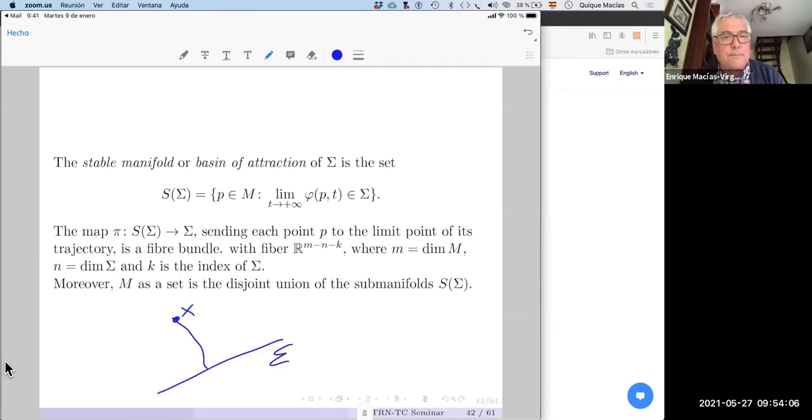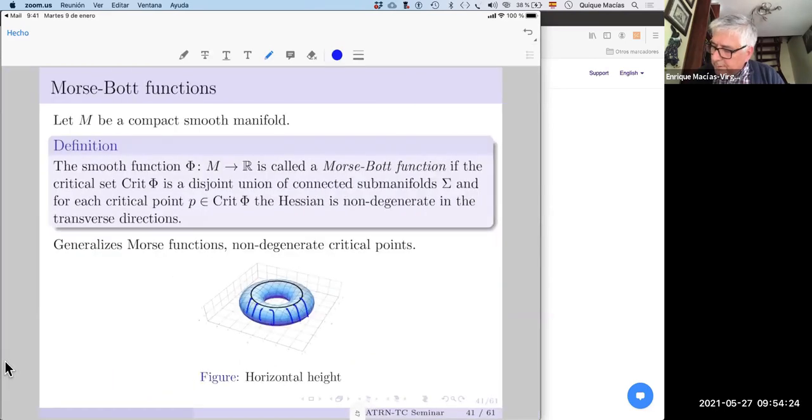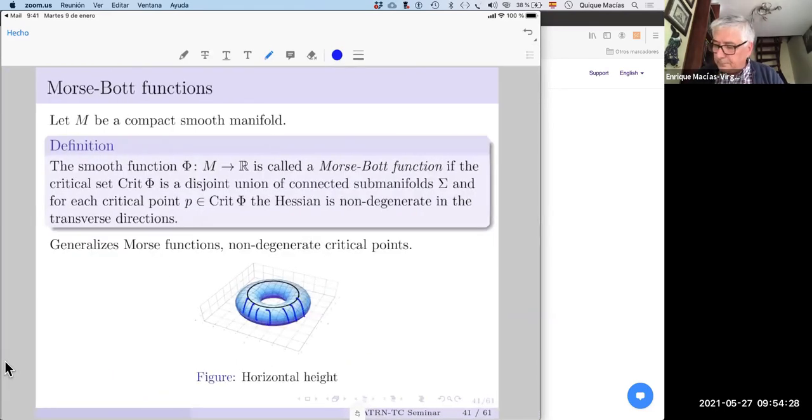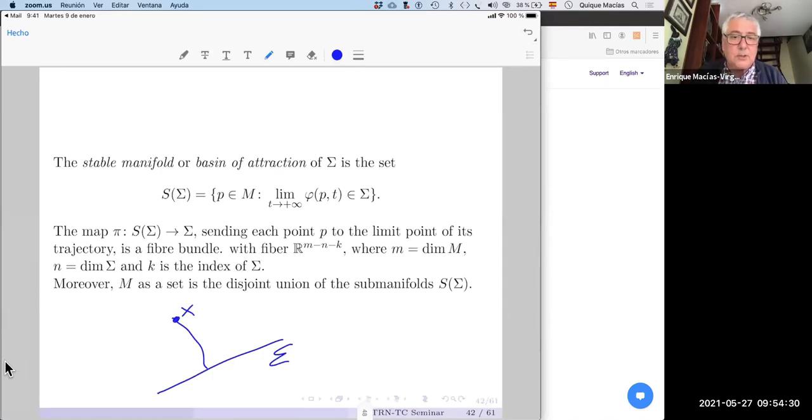This is the projection pi, which is known to be a fiber bundle with fiber R^(m-n-k), where m is the dimension of M, n is the dimension of sigma, and k is the index of sigma. That means the number of descending directions of the flow. And M is the disjoint union of the stable submanifolds.